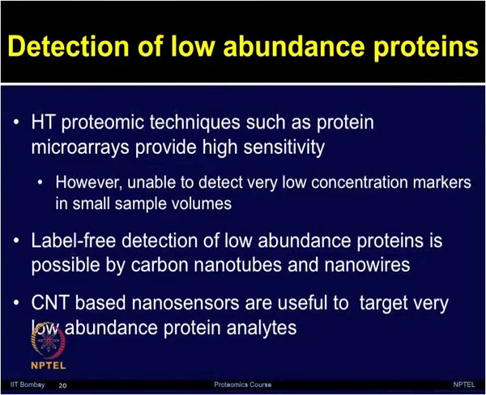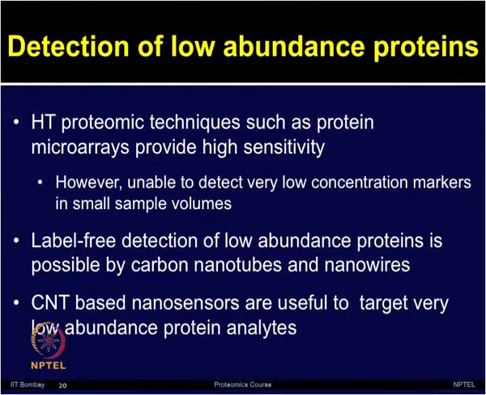Similarly, these are present in such a low amount that the technique has to be very sensitive. Therefore, various label free detection techniques are aiming towards detection of low abundance proteins, and by using carbon nanotubes and nanowires, various studies have shown the potential of using these nanotechniques for such applications, where low abundance proteins can be detected with high sensitivity.